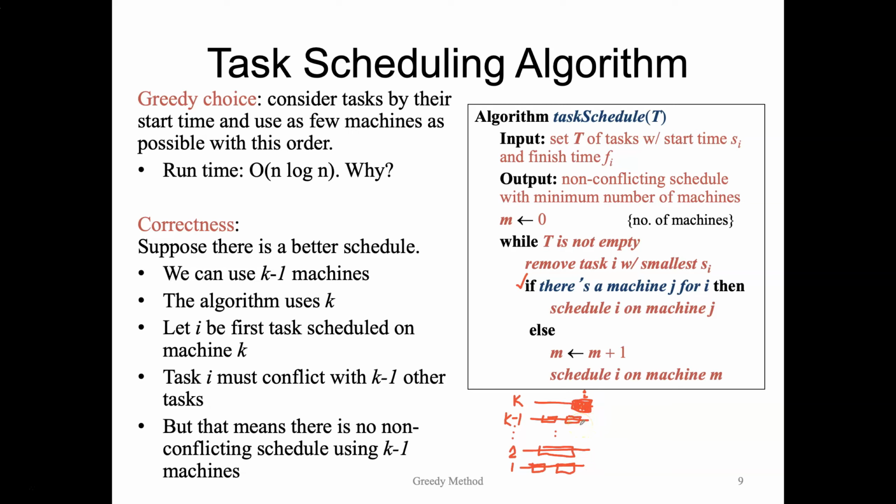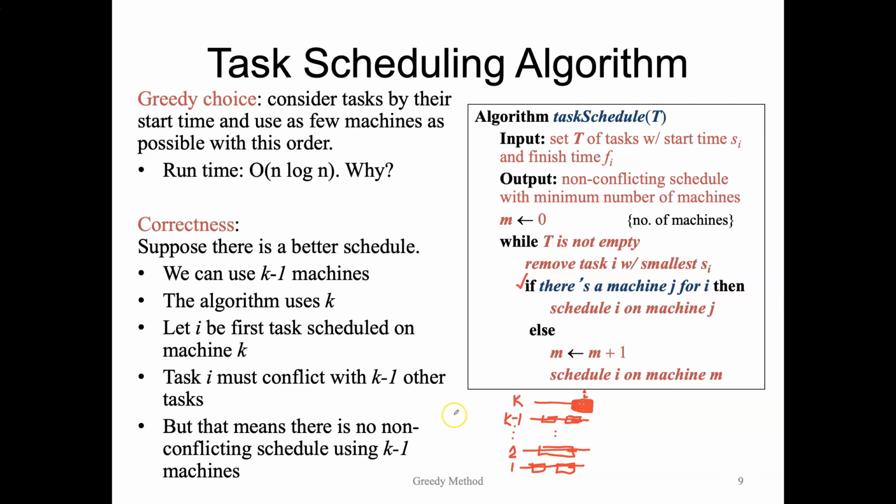The reason why our greedy method needed to create this new machine k in order to execute this task was because all of the other machines had some task that they were executing, which meant that they couldn't execute this task I. Meaning that this task conflicts with at least k minus 1 other tasks, one on each of the other machines that we've got.